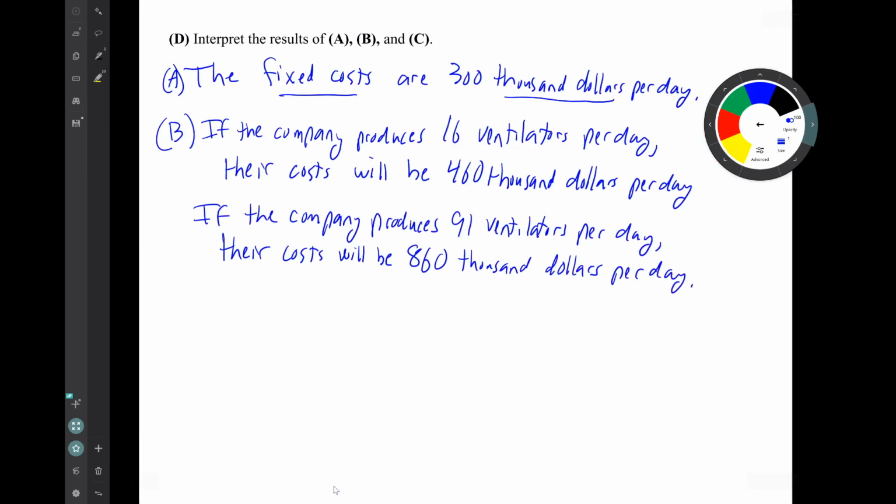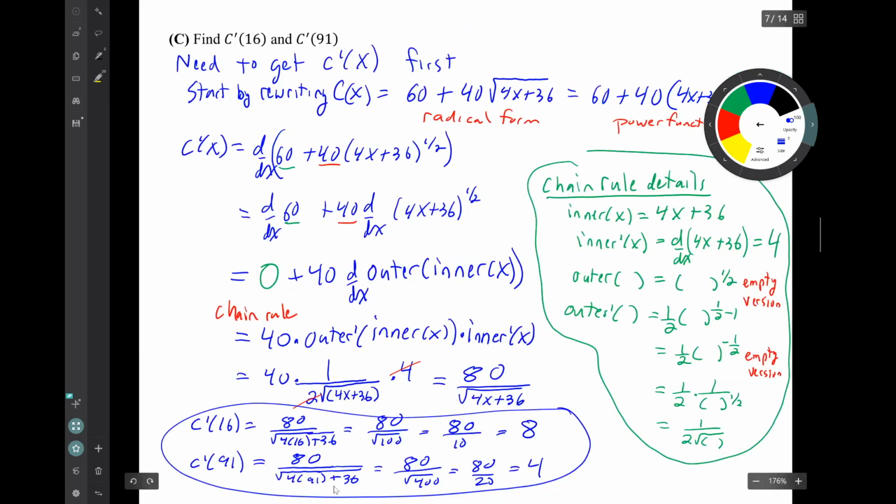All right, so there are our interpretations of A and B. What about our interpretations of C? In C, we found the values of the derivative, C prime parentheses 16. Now remember that this means the rate of change of cost.